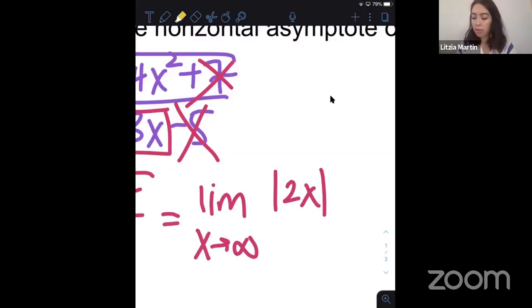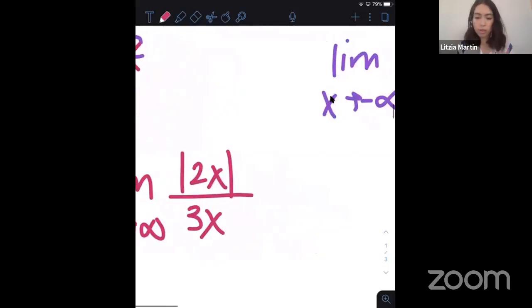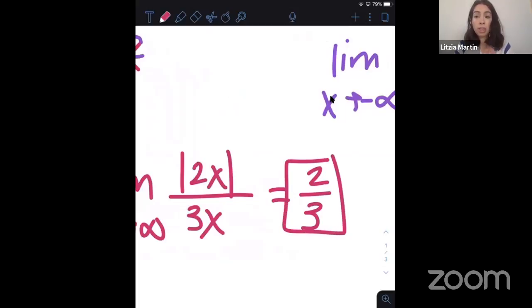So absolute value of 2x and then 3x at the bottom. So we have the same degree in the top and the bottom, which means our horizontal asymptote will just be 2/3. Okay. So that is going to be our limit as x approaches positive infinity.